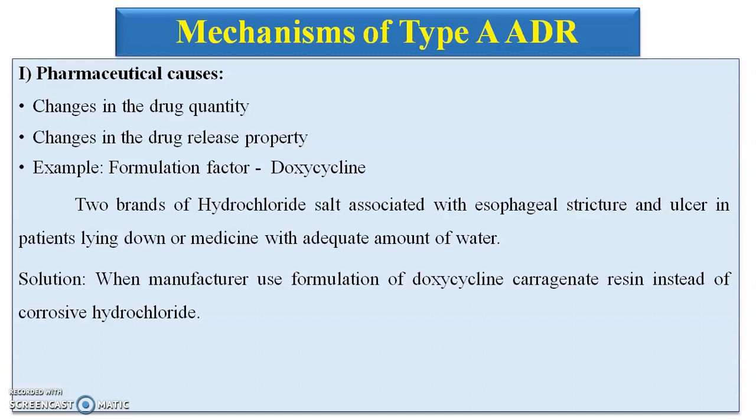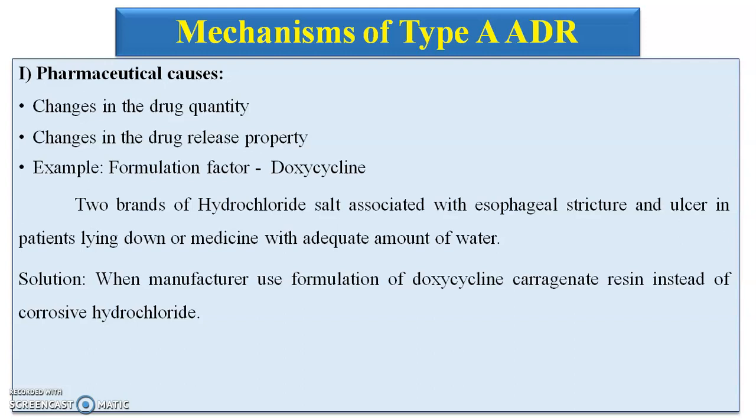For example, in case of formulation factor of doxycycline, this doxycycline will be available in two different brands. One brand with hydrochloride salts, which is usually associated with esophageal stricture and ulcers in those who are lying down, or who take the particular drug without an adequate amount of water.